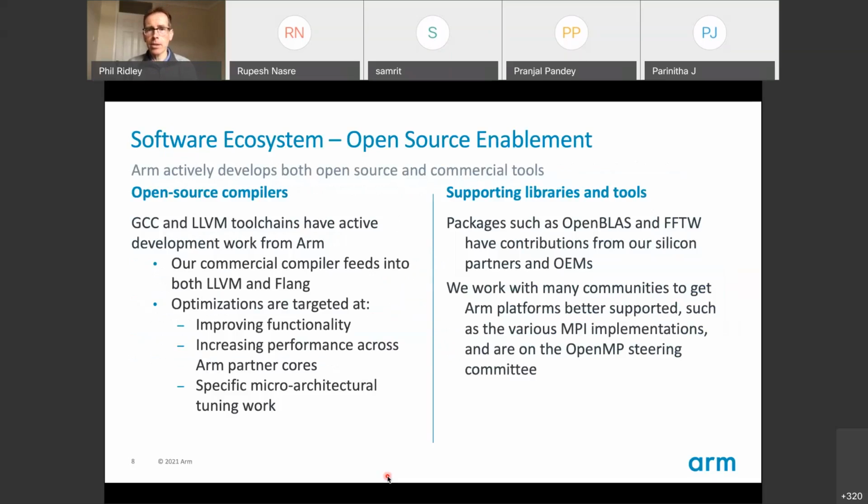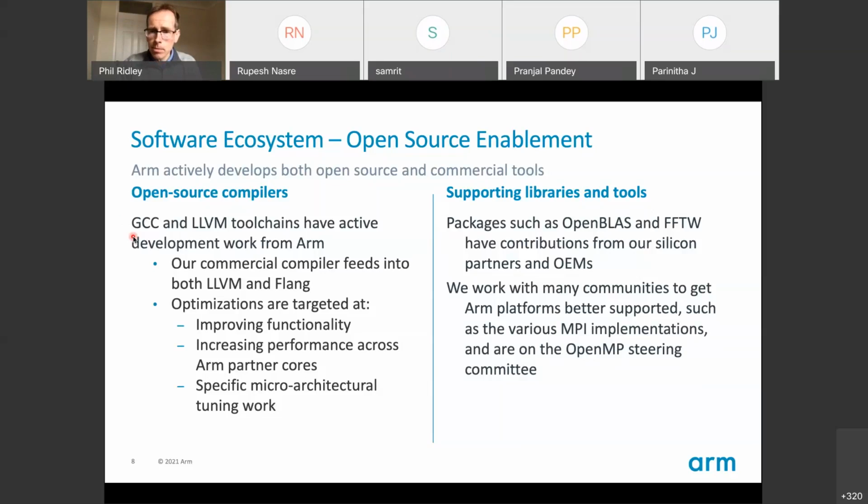So to summarize where we are on the software ecosystem in general, we don't just support the commercial side. We do a lot of work with open source. In terms of compilers, we support both the GCC and LLVM tool chains. There are a lot of colleagues at ARM who work with those tool chains.